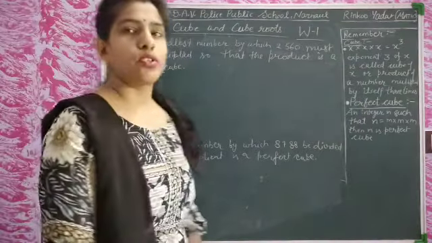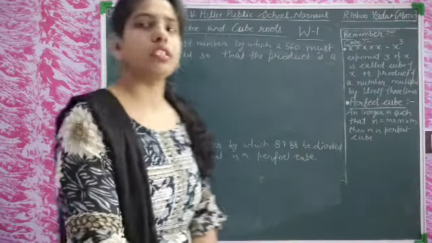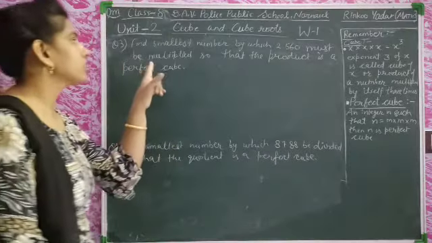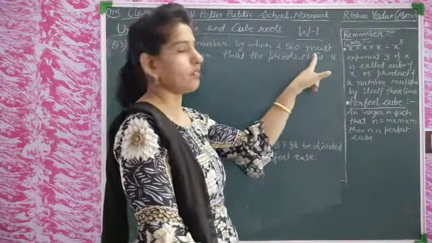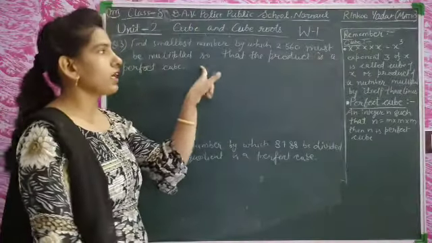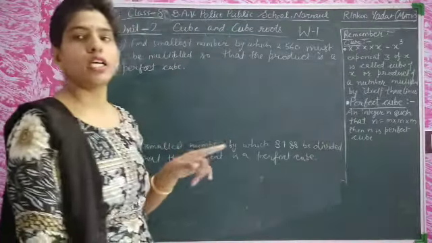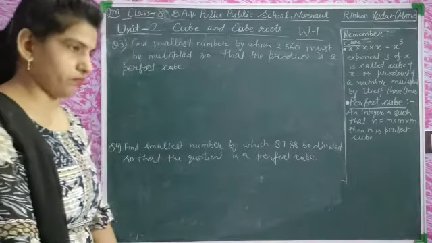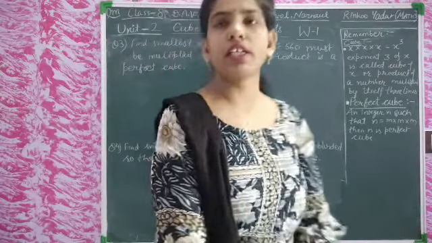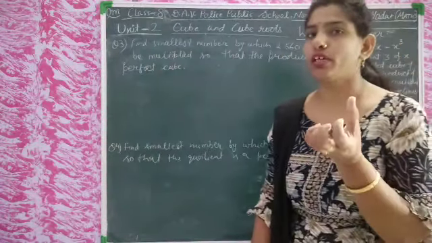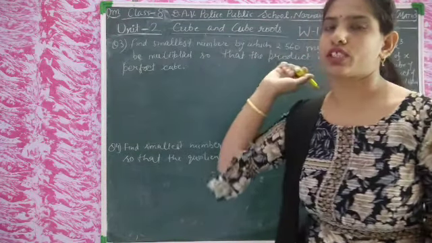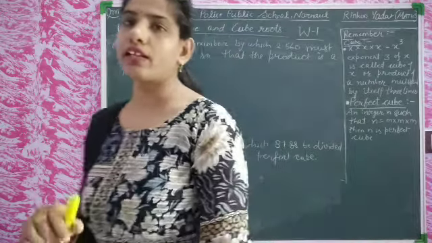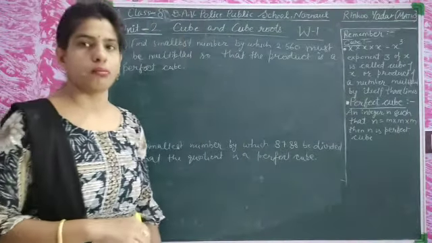Yes students, you are seeing question number 3 here. In question number 3, find the smallest number by which 2560 must be multiplied so that the product is a perfect cube. You have to find the number which, when we multiply it to 2560, we will get a perfect cube number.